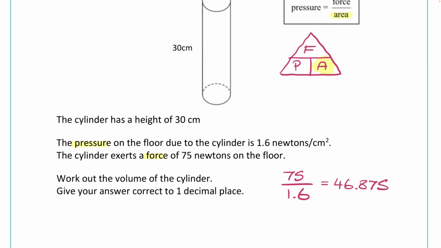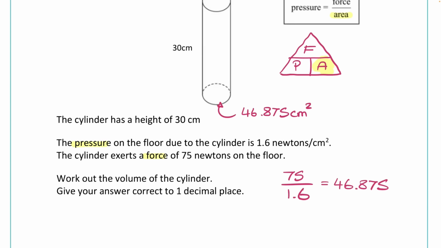46.875. Now that 46.875 is the area of the circular base, as this is a cylinder. That would be centimetres squared, as that's an area.